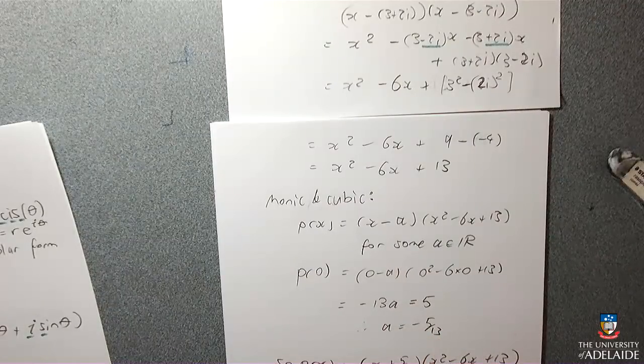What other information would they have to give you if it wasn't a monic polynomial? They would have had to give me probably the value of P at some other point. So a cubic has 4 coefficients. It has a constant, x, x squared, x cubed. A cubic has 4 coefficients, so you need 4 bits of information to find it.